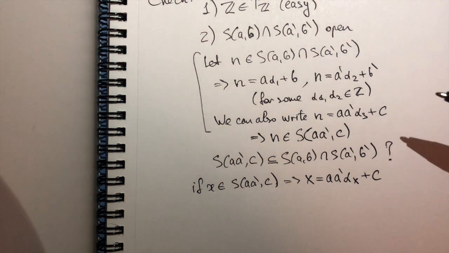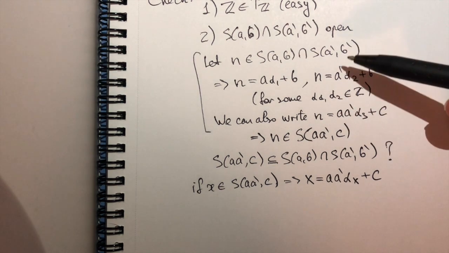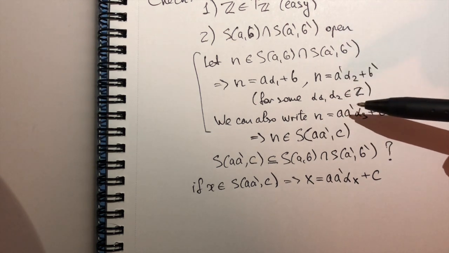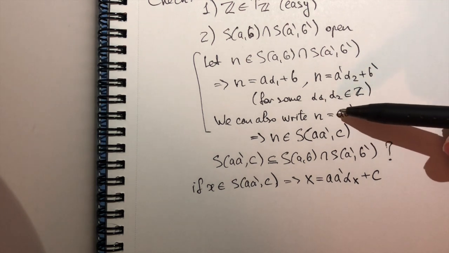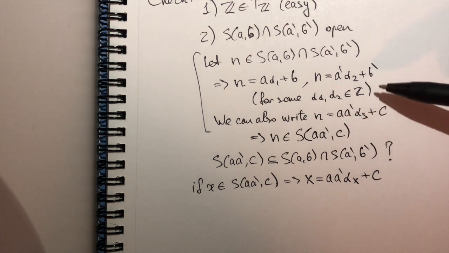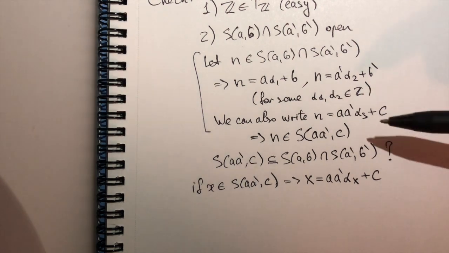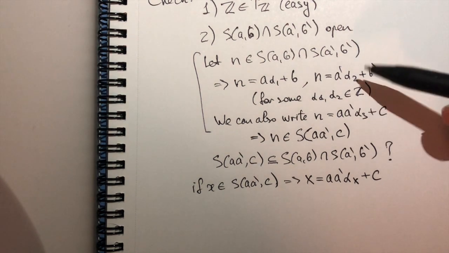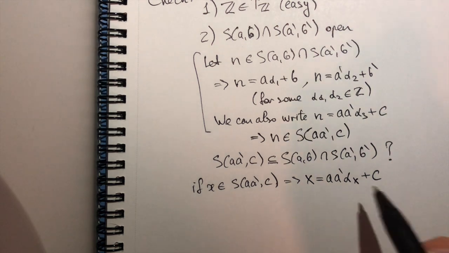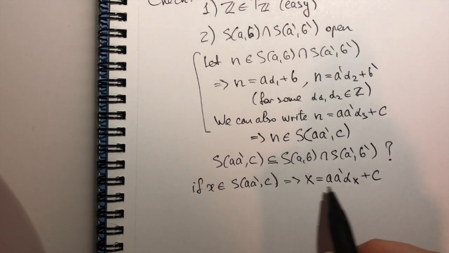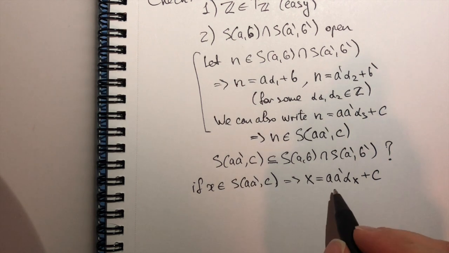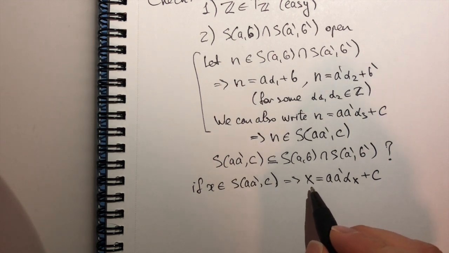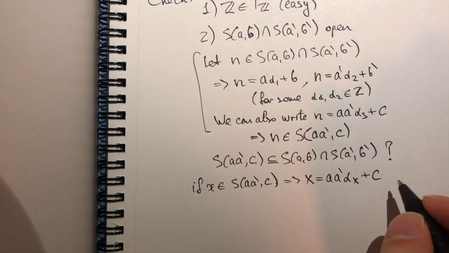Now, here's what I suggest. In this part of our considerations, we have studied a specific n. So we know these expansions for a specific number n. We know what alpha 3, alpha 2, and alpha 1 are. So for our general number x inside this set, let us try and express x in terms of n.